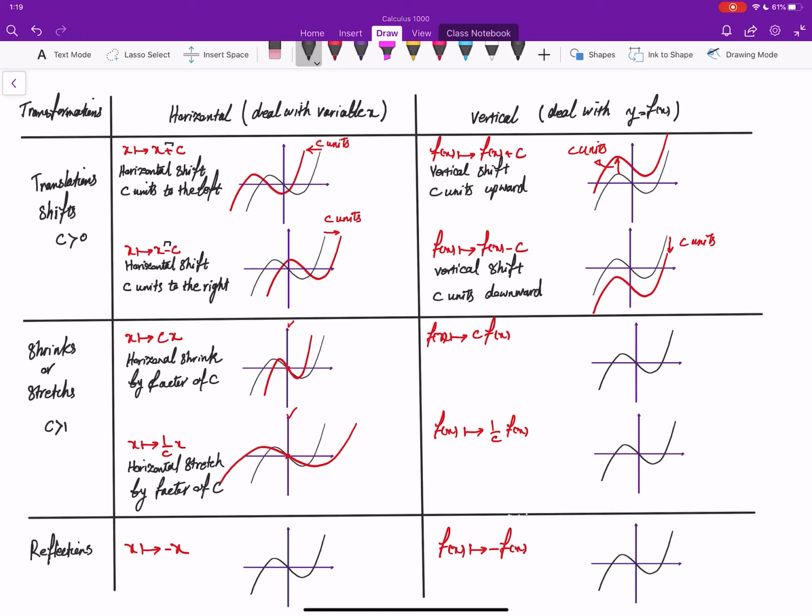Okay, so let's go to this other one, f of x turns to c f of x. Then we have vertical. This time it is a stretch. You have to see the difference between the transformation on x and the transformation on f of x. This is a stretch by a factor of c.